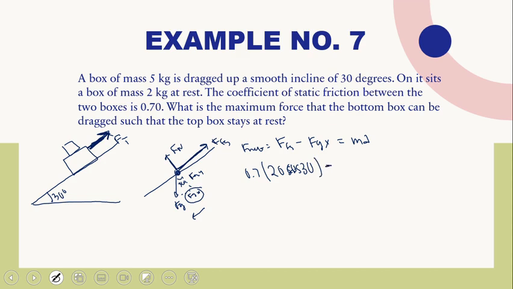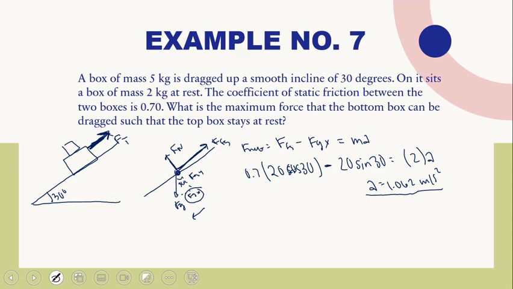Then we're going to subtract the x component, so that is 20 sine 30, equals ma. So our mass is 2 kg and then acceleration. Now, when we isolate for A, we get that it is 1.062 meters per second squared.